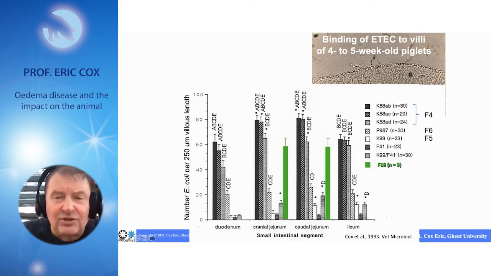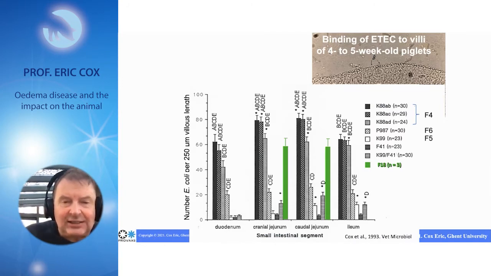So sufficient colonization of bacteria to the mucosa is needed in order to be virulent. And the ones that show weak adhesion, the P987 or F41 or K99, are not pathogenic in weaned piglets. So F18 and F4 are the ones that are pathogenic in piglets.